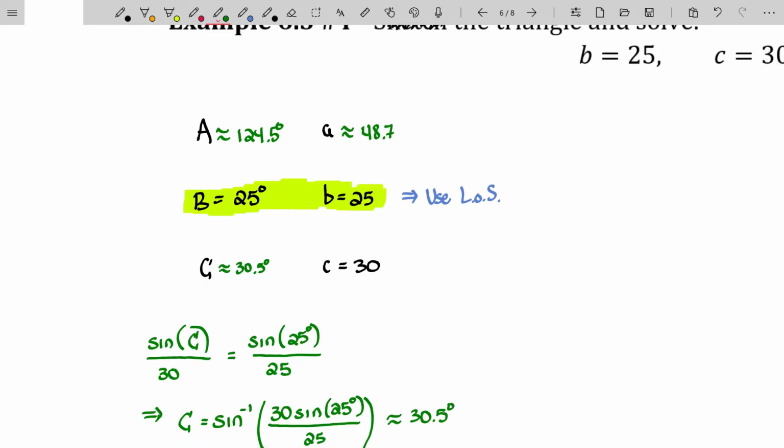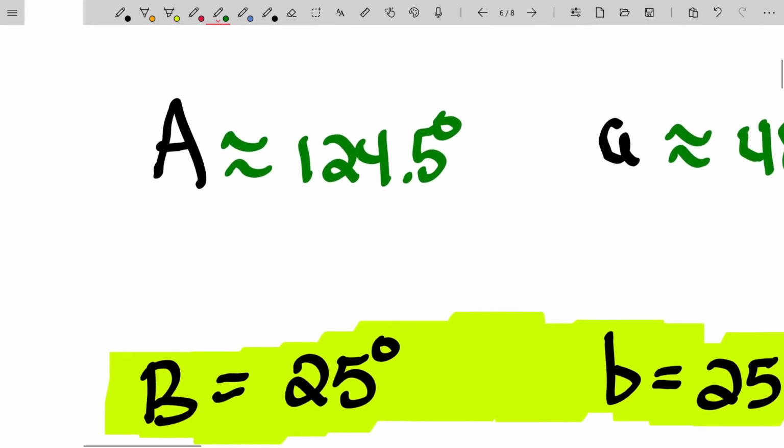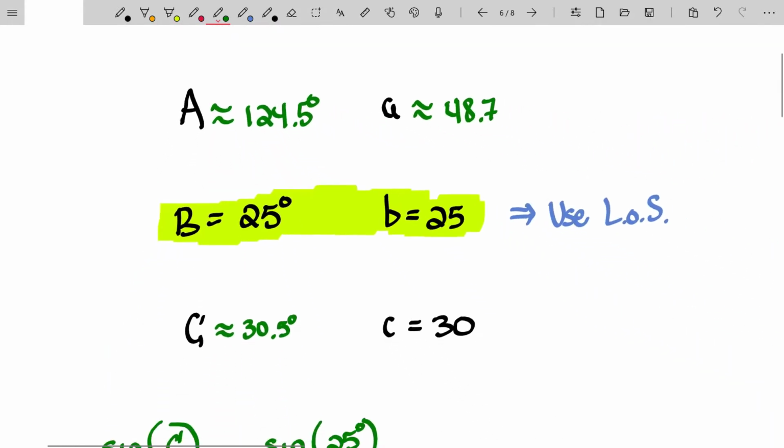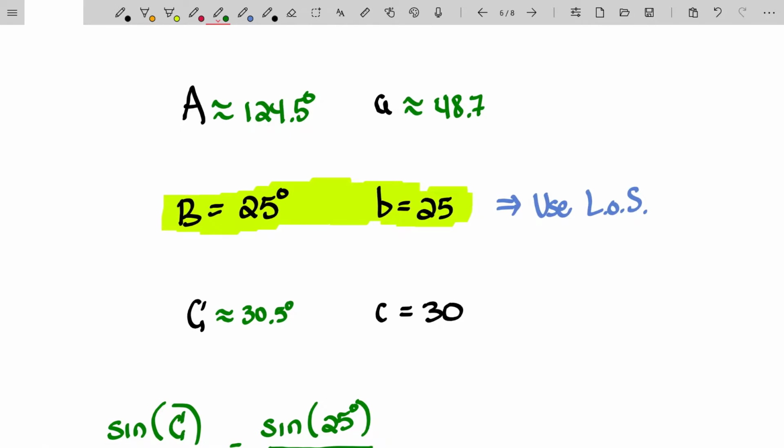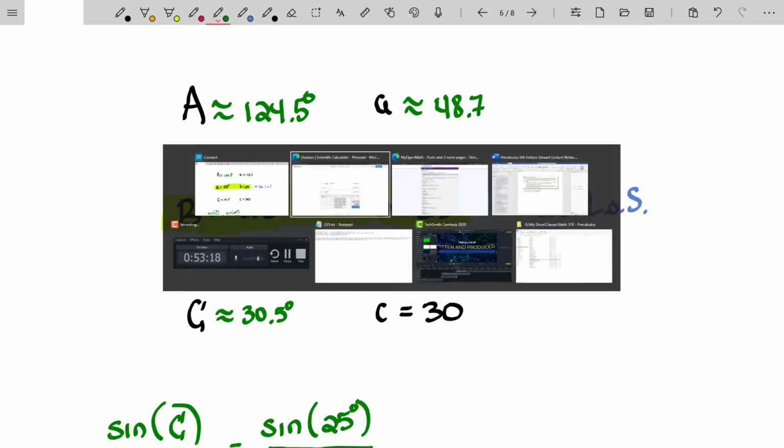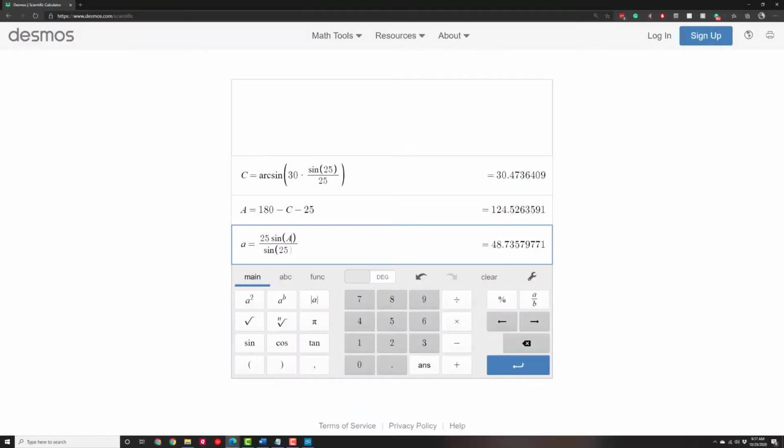Now, I just want to draw your attention to the fact that had I not used A, and instead I used this approximate 124.5, I want to show you how that would change the value. It won't change it too much, but enough to where you'll be off by a decimal place. So let's take a look. Instead of angle A, had I done sine of 124.5, I would have gotten 48.75, which rounds to 48.8.